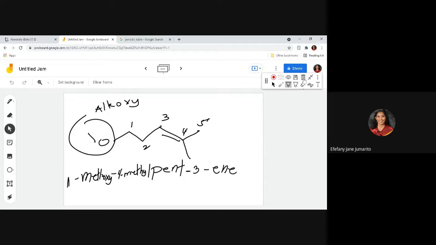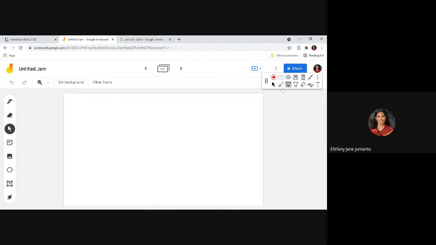Okay, example, if we have this one, we have 1, 2, 3, 4. Okay, how do you name this one? Parent chain. So what's the parent chain?